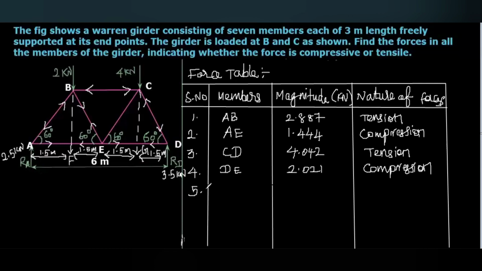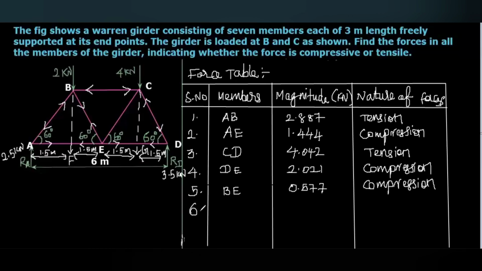Then the fifth one, BE. We calculated the numerical value 0.577 kilonewton. Here this is BE. Here you can see these two forces in the member tend to push the body. So that also compressive in nature. Okay, that is compression.